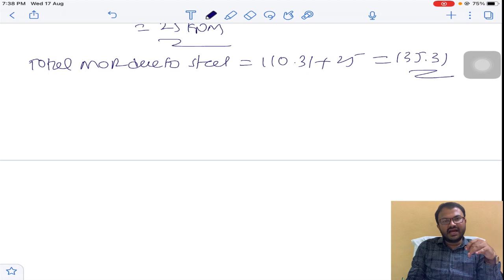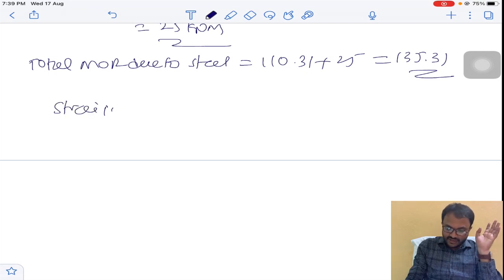Now we need to calculate the moment of resistance by compression side. To calculate moment of resistance on compression side, first of all we need to calculate strain in the compression steel. To get strain in the compression steel, first of all we need to calculate stress in the compression steel.